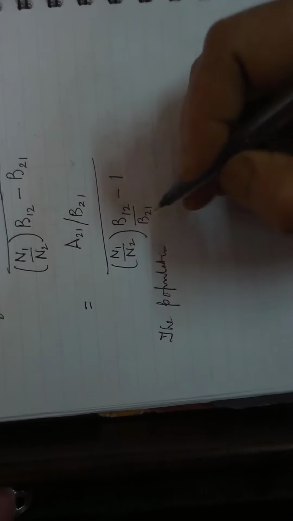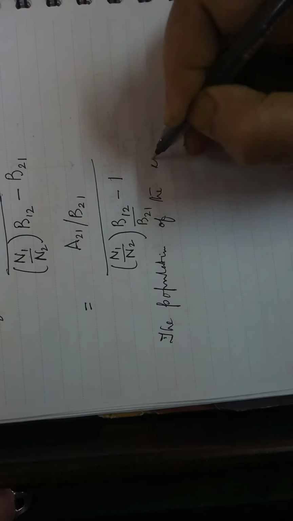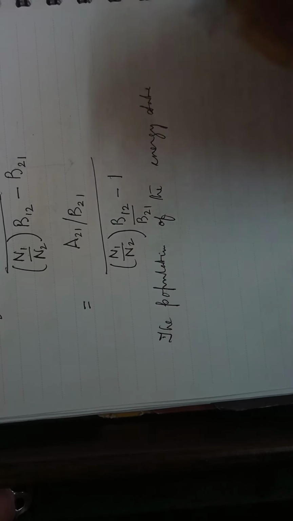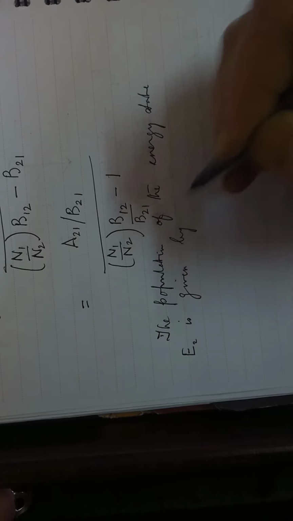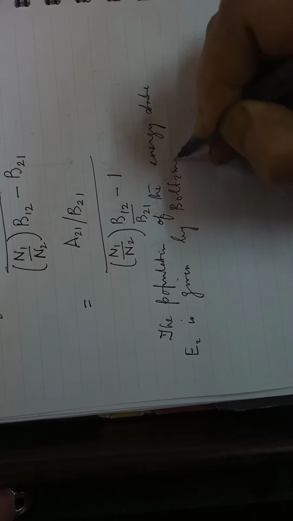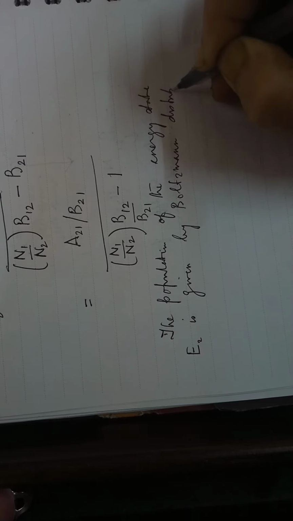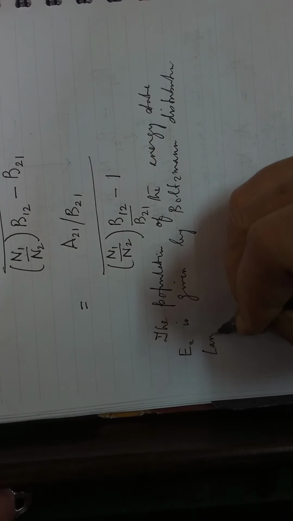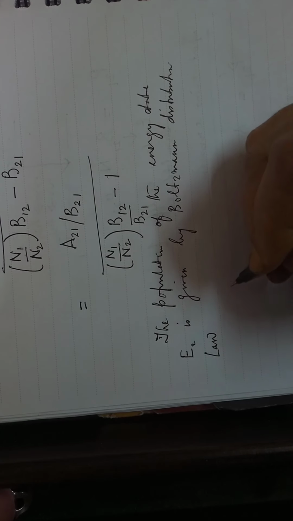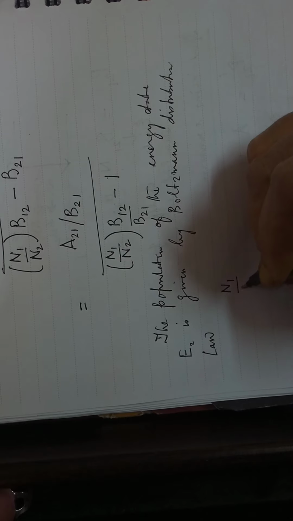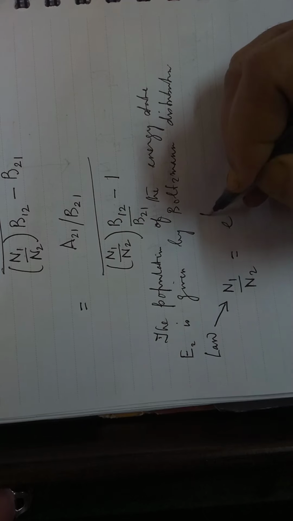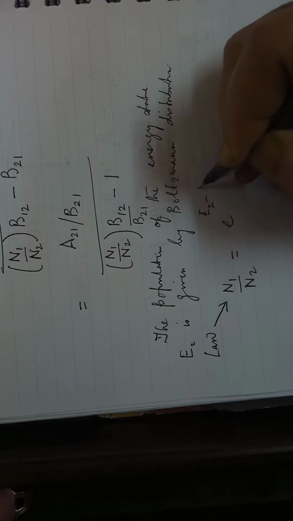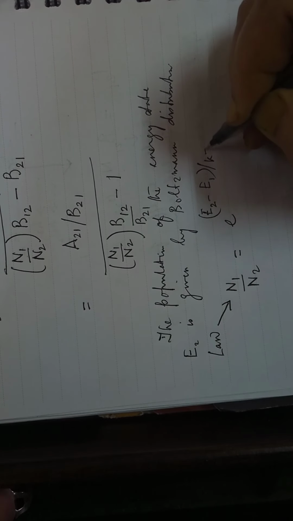It tells you that N1 by N2 is equal to e to the power E2 minus E1 by KT.